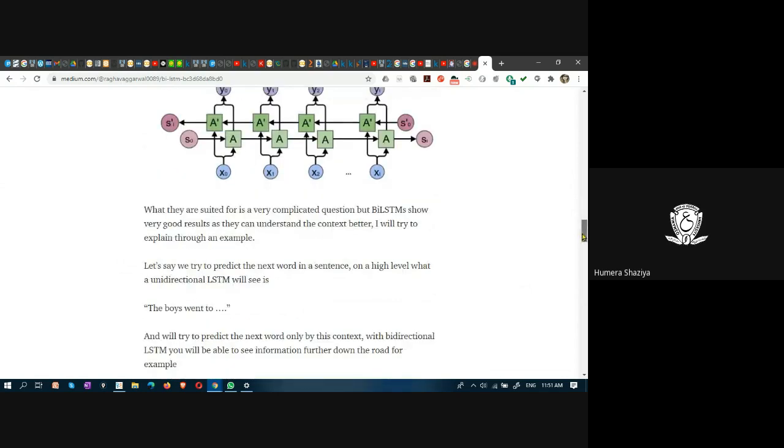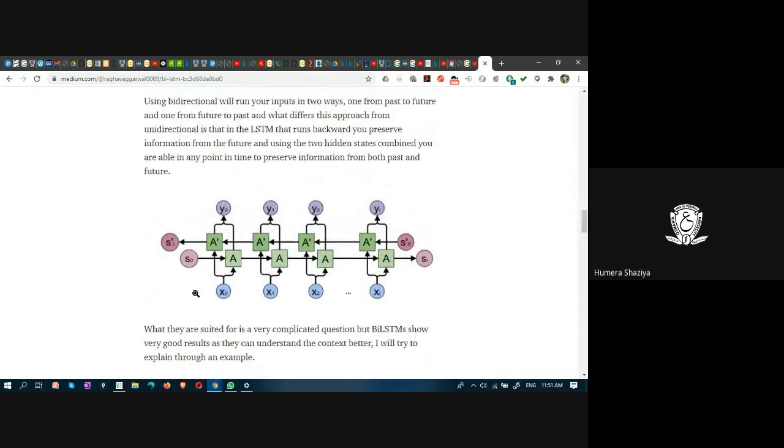Okay, bidirectional. This is bidirectional LSTM. You are feeding from the forward direction as well as from the backward direction.